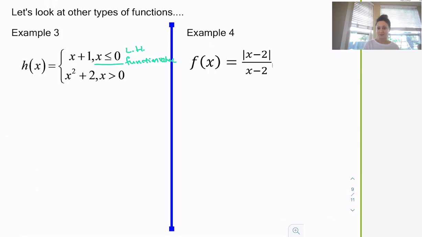X equal to 0 gives me the function value, correct? And then the bottom piece is valid for all x's greater than 0. So what would this give me? This gives me only the right-hand limit, okay? Now, for a function to be continuous, I need the left-hand limit to equal the right-hand limit, so that the limit exists, and then I need the limit, the full limit, to equal the function value, all right?